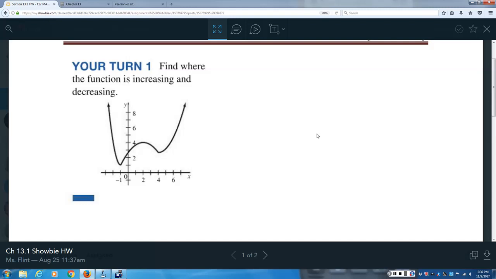Okay, from -1 up to where? It's like about 2. Okay, so on the interval from -1 to 2, it's increasing. And then again, it's increasing from 4 to positive infinity. Okay? Where is it decreasing?